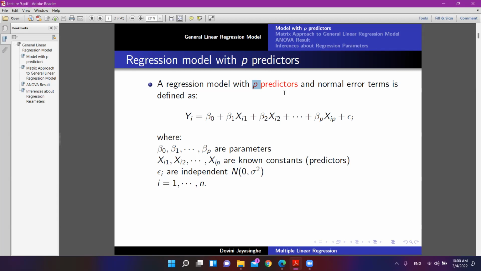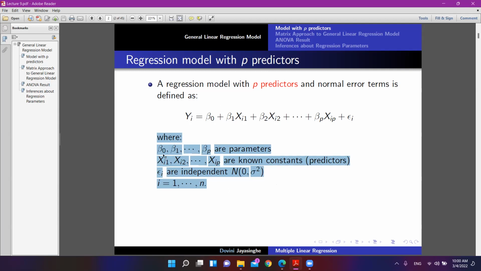Likewise, write this model, and you have to write all these assumptions just like SLR. Otherwise it's wrong, it's incomplete, because to accept this as a regression model, it has to meet all the assumptions.